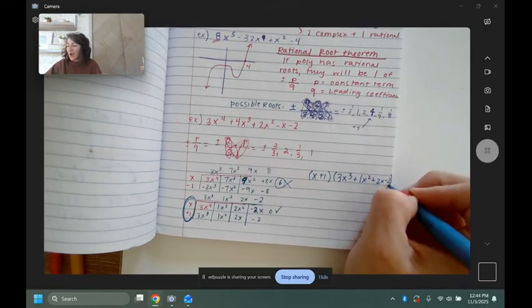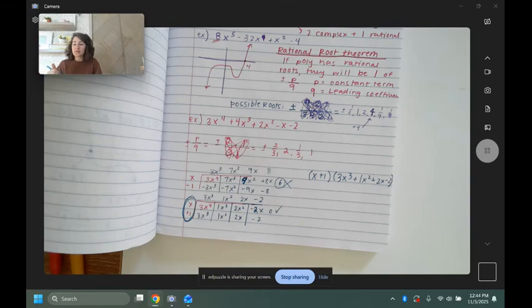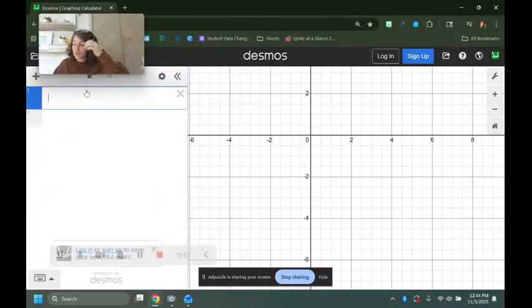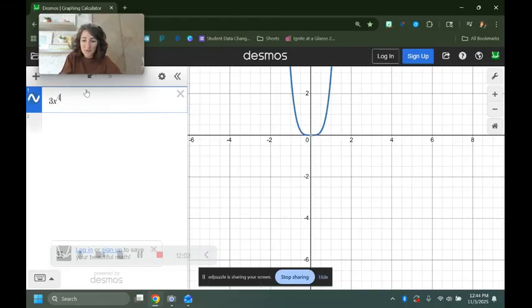Now, I don't need you to be testing all of these in long division. I also want you to use your resources. So I'm going to pull up a Desmos graph now that we did the 1. And let's see if we can find another rational root here before we jump into testing a bunch more, because there is one more.